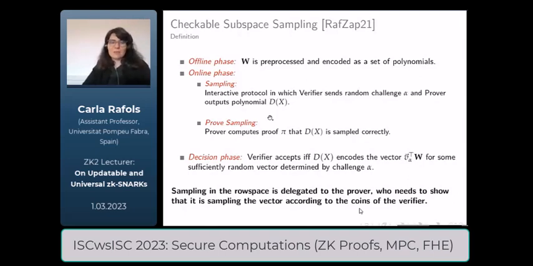So we define this as a checkable subspace sampling, and it's a protocol that has some pre-processing phase, okay? So you have a matrix, you want to prove linear relations for this matrix, and you pre-process it. Then a vector in the row span of W is sampled with these coins, and there is a proof sampling phase where the prover will convince the verifier that this D of X is sampled correctly, okay?